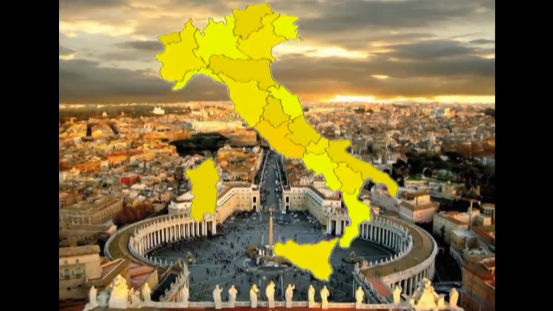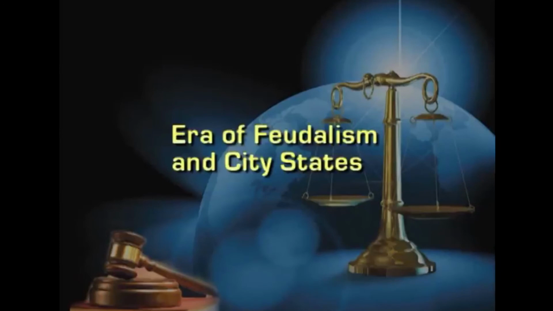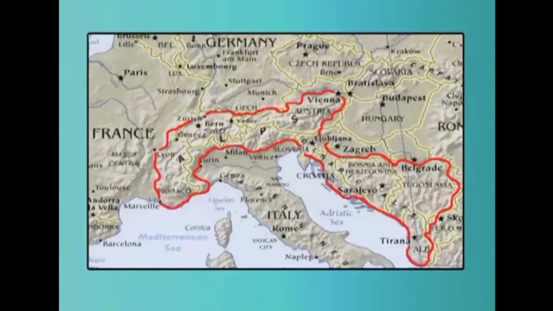The era of feudalism and city states. Personal laws were substituted by feudalism in the north of the Alps and also in the city states in the south, where no foreign law could be applied. The south of Alps also saw territorial law preference.